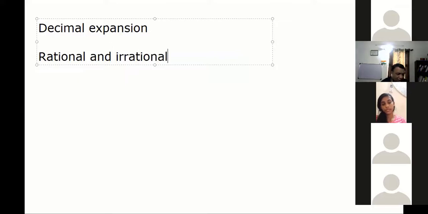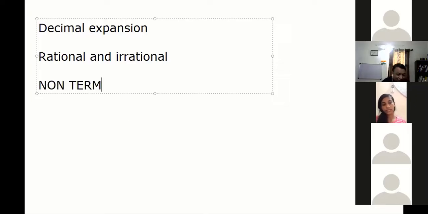Before I go deeper, a lot of you said: rational is p by q, p and q integers, q not 0, correct. Irrational are those which are not rational, correct. Now, I told you two mandatory properties for an irrational number. Do you remember that? Dhruv, any idea? Non-terminating and non-recurring. Very good.